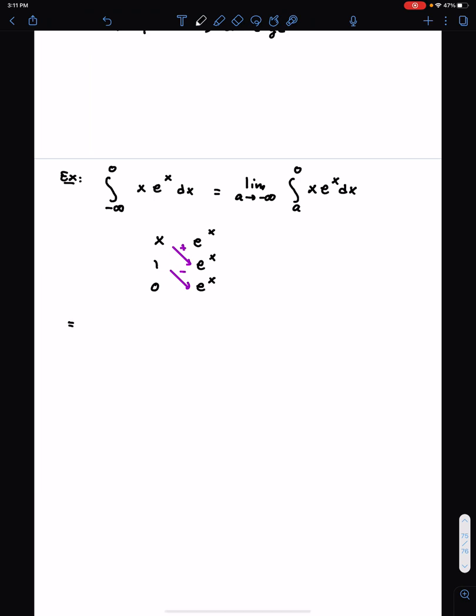So this is equal to the limit as a approaches negative infinity of x e to the x minus e to the x evaluated at a and 0.